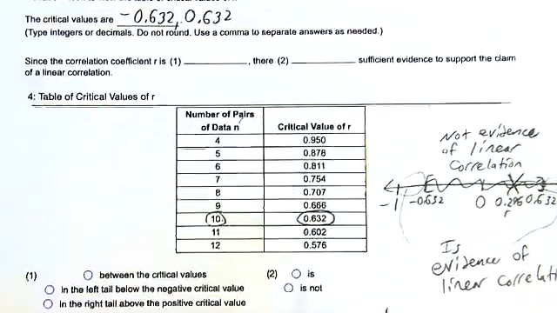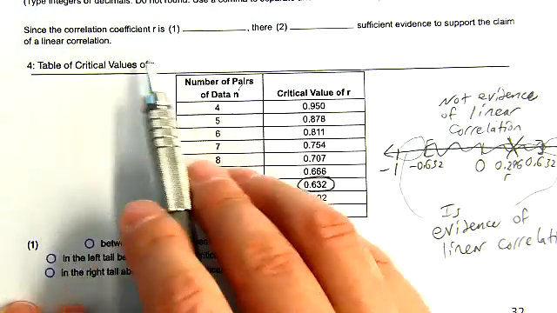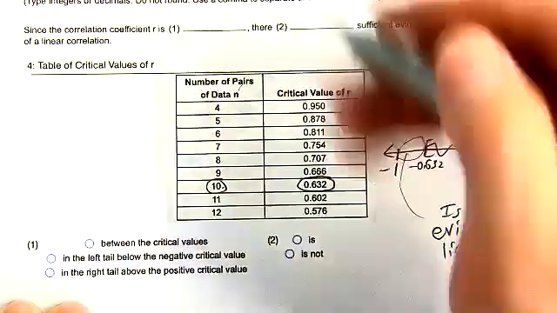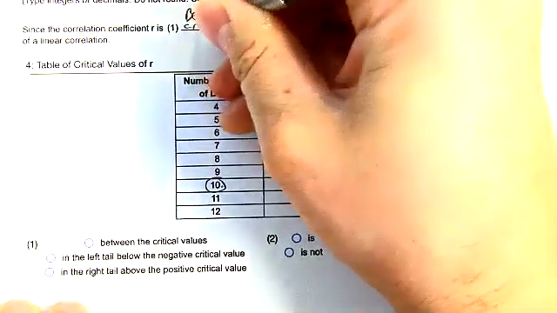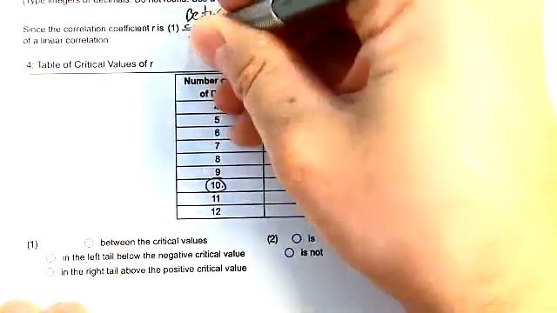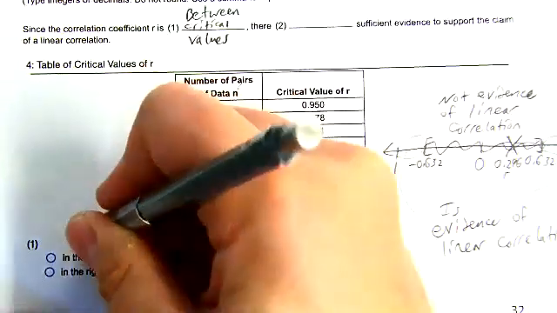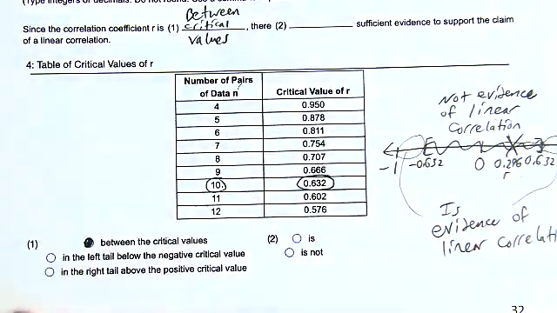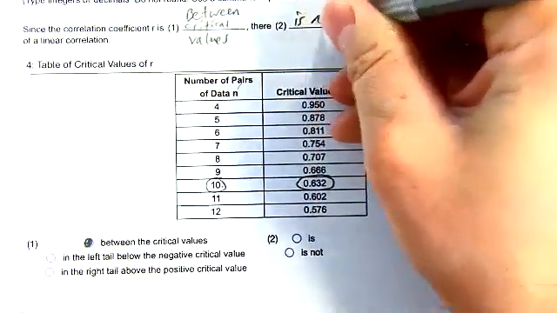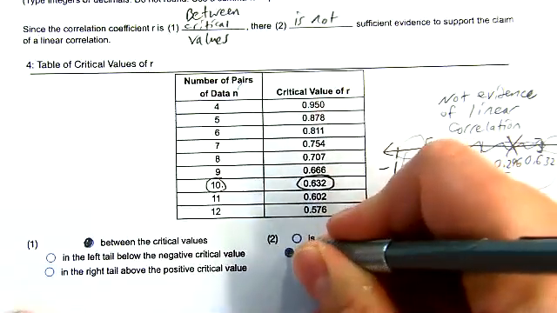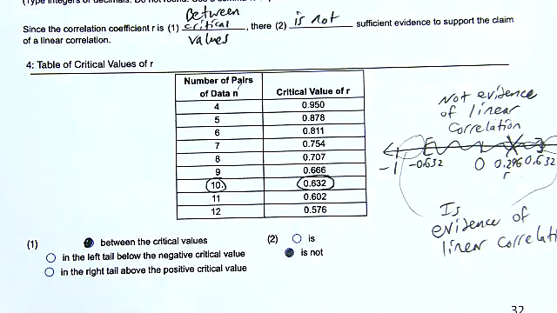So for this one, since the correlation coefficient R is between the critical values, we would say there is not sufficient evidence to support the claim of a linear correlation.